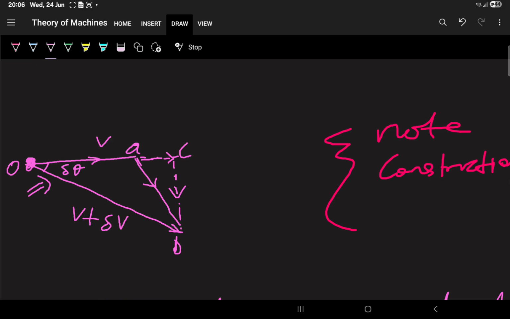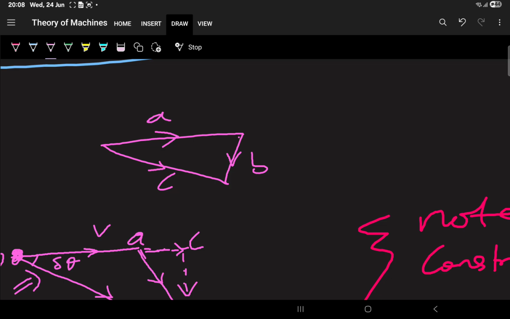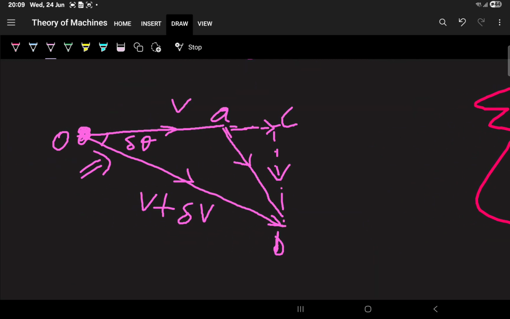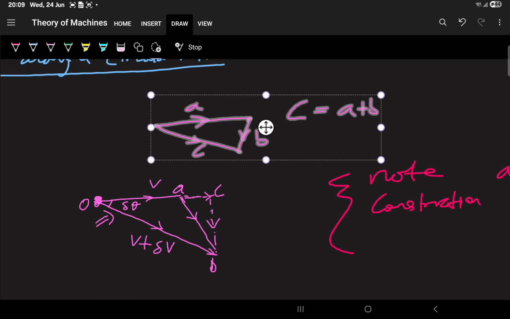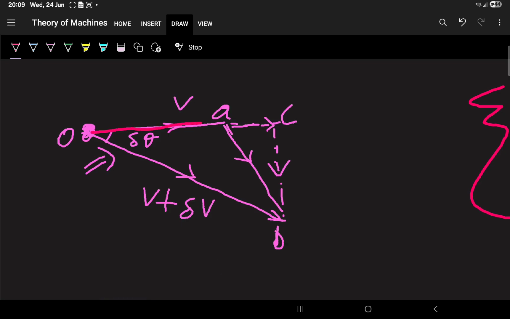Now, from vector, we know that if you have a vector triangle, let's see, ABC, represented by vectors A, vectors B, and vector C, and the direction of C is this way, C is going to be equal to A plus B. Now taking this concept and coming here, now this is the main focus.